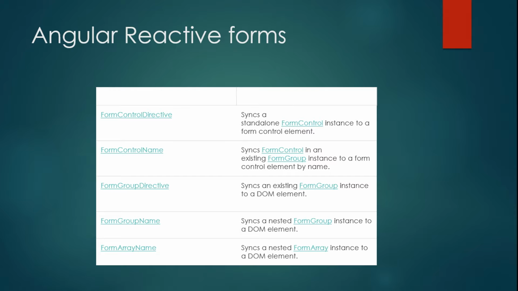So instead of defining form control instances in a form group model, Angular lets us define the instances in an array, so that we don't need to provide a name for each form control instance. Each is tracked by the index of the form array, and that form array we can bind to the form input elements through the form array name directive, and each form control instance is tracked by the index.